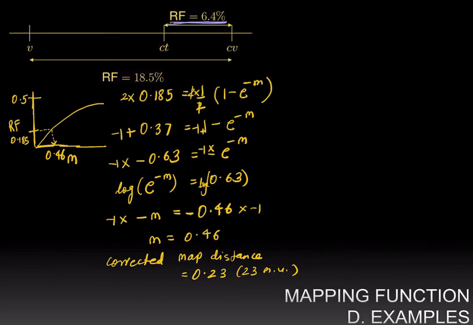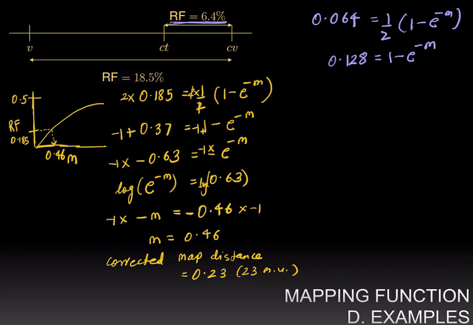So my recombinant frequency is 0.064 in decimals, which is equal to a half 1 minus e to the power minus m. And so we are solving for m, and once again multiplying by 2 on both sides, we get 0.128 is equal to 1 minus e to the power minus m.